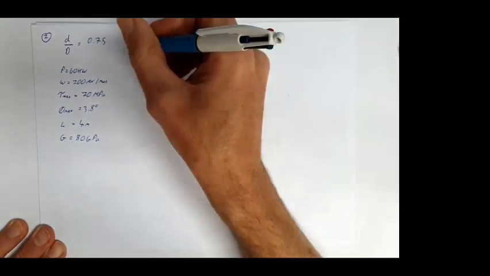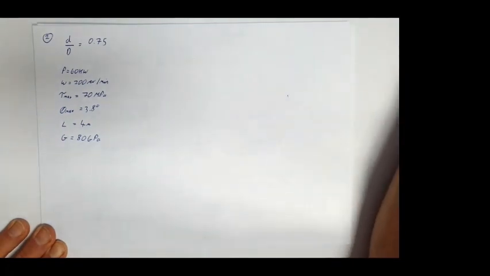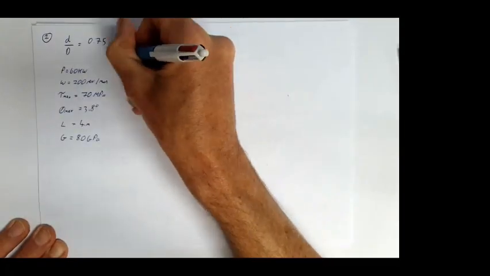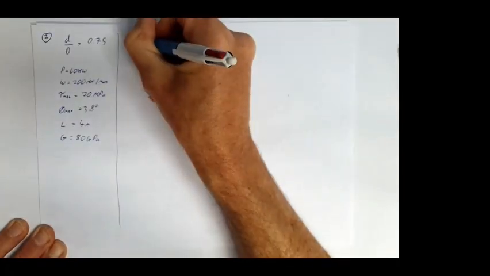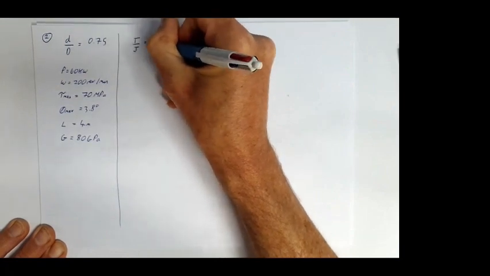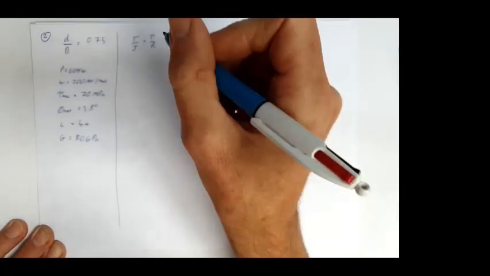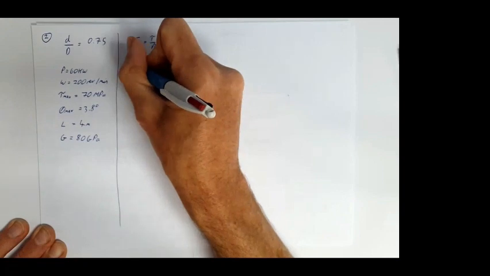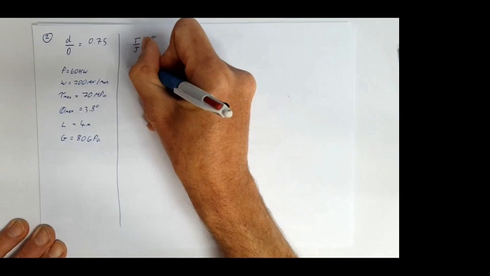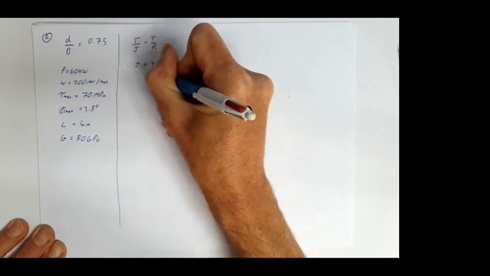Okay, so let's consider our first condition. What are we going to use? We're simply going to say T over J equals tau over R. Let's rearrange that, we're going to end up with J equals T R over tau.